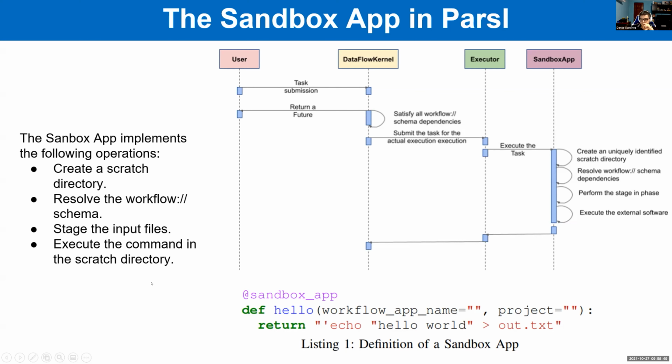In this figure, we can observe how we define a Sandbox app. We use a new decorator, which is sandbox_app, and as a native Parsl application, the applications are defined as a Python function.